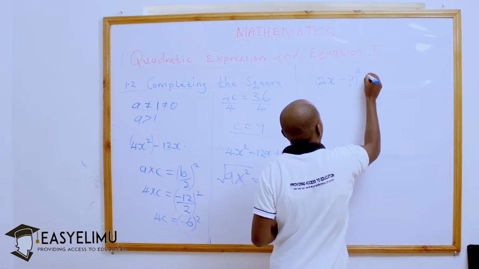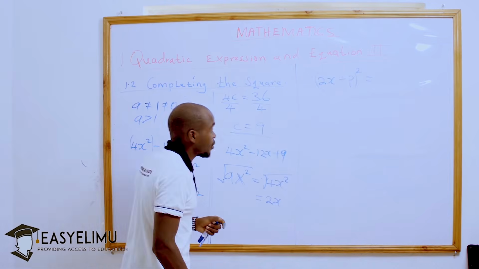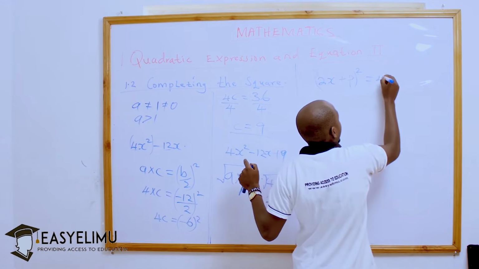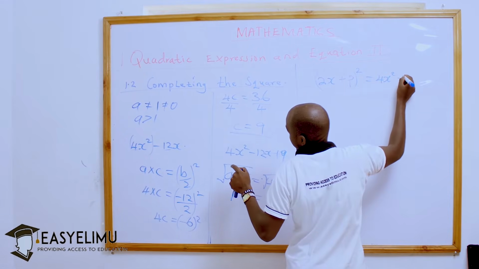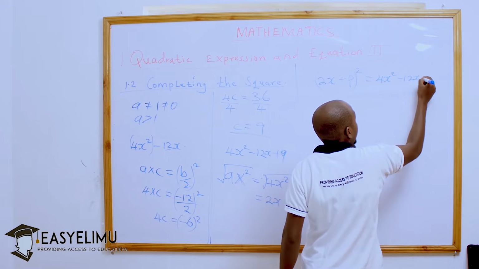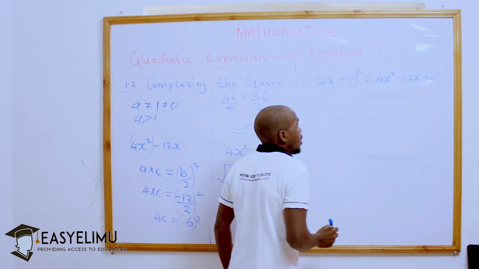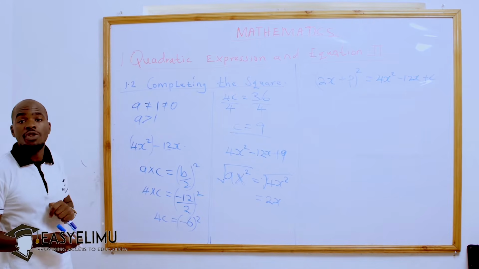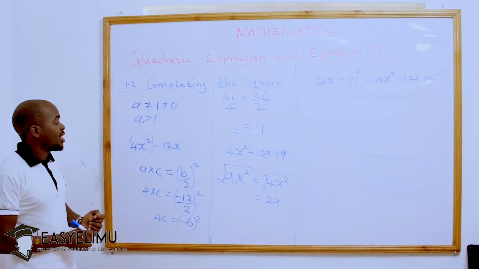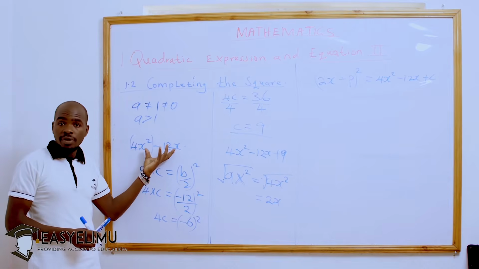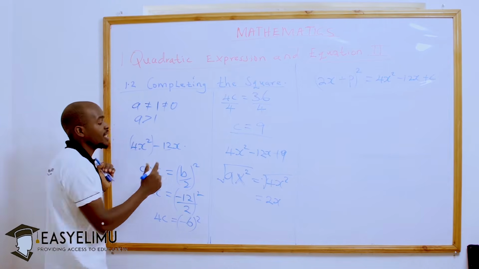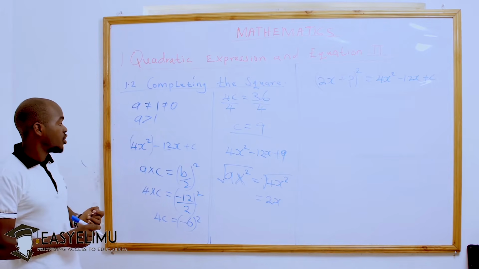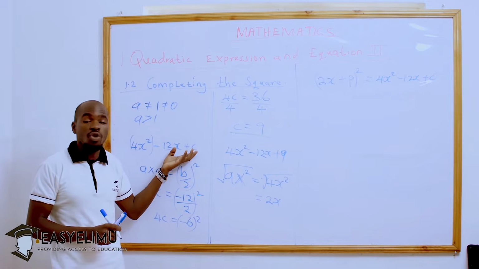If we factorize this one, we should get our quadratic expression, which we have in the form of 4x squared minus 12x plus c. We are required to find the value of c. But if we need to find the value of c, we shall rewrite this quadratic expression as it is. But we know what is only missing here is c, and that is what we are required to find. So we shall write it with c inclusive.